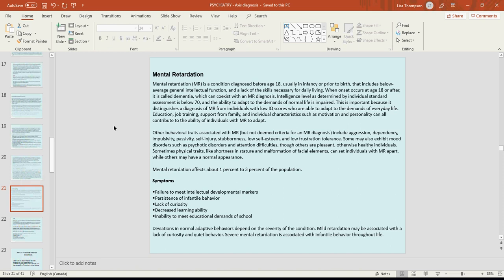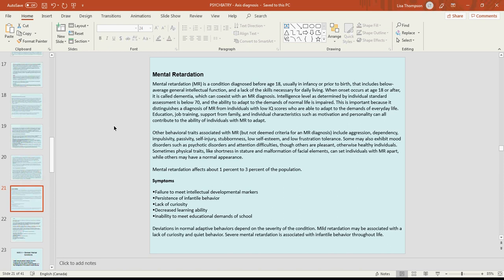Other behavioral traits associated with MR, but not being criteria for an MR diagnosis, include aggression, dependency, impulsivity, passivity, self-injury, stubbornness, low self-esteem, and low frustration tolerance.